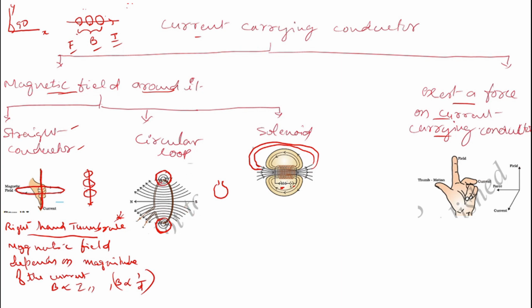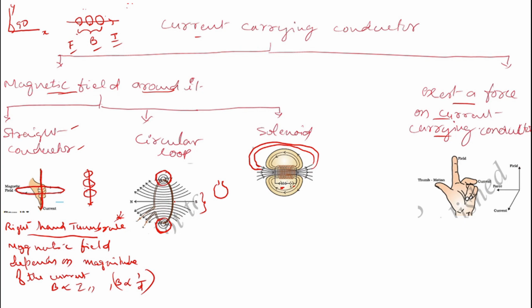See, this bent portion behaves like one magnet, and this bent portion behaves like one magnet, and here you see the concentration of circles is more, and as you go, it becomes wide and large, and at the center it becomes a straight line. So this they may ask in the examination.